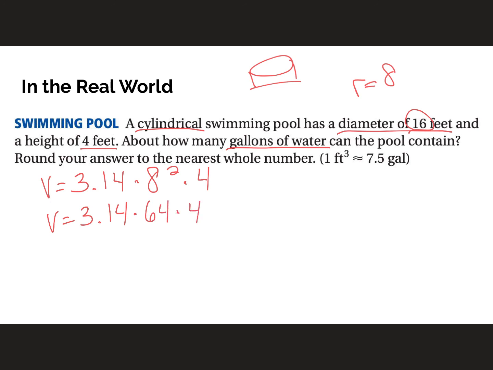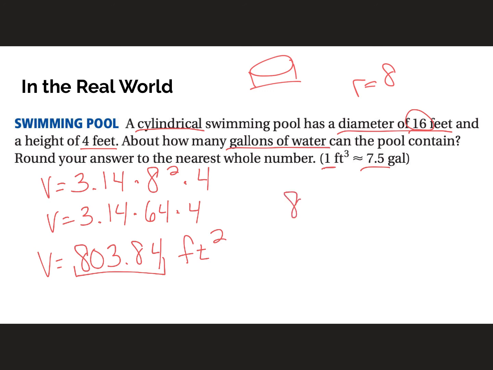We're putting that into our calculator. And that gives us 803.84 cubic feet. But remember, 1 cubic foot is 7.5 gallons. So we are going to multiply this times 7.5.